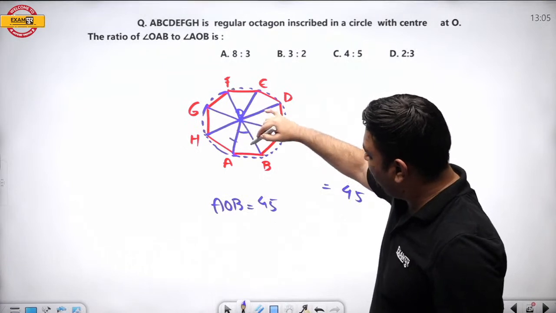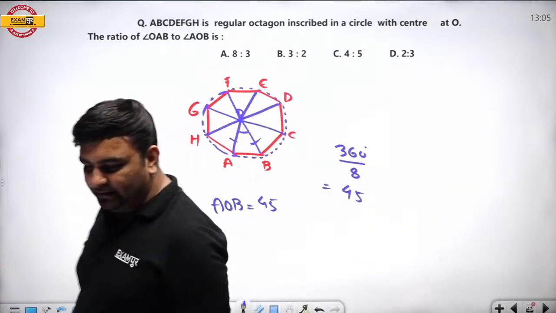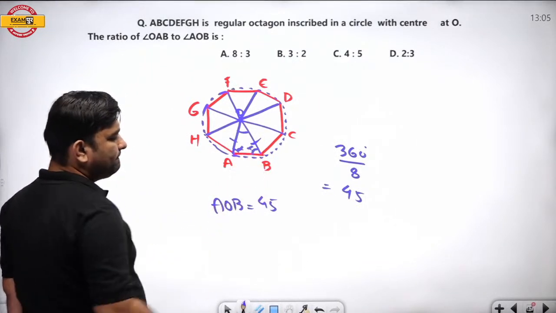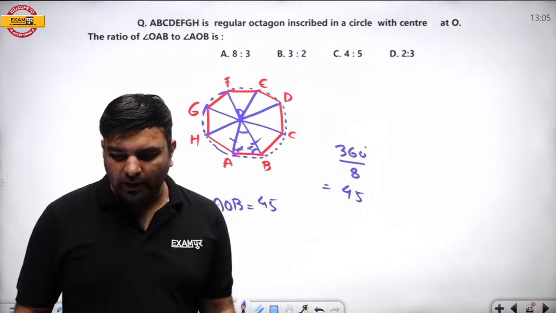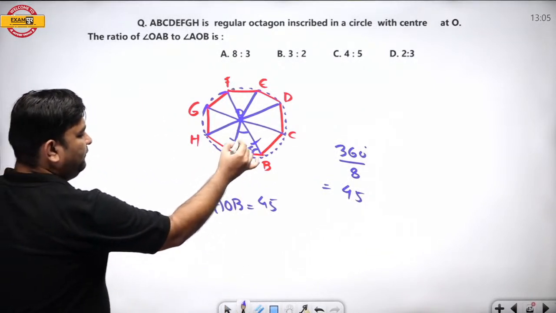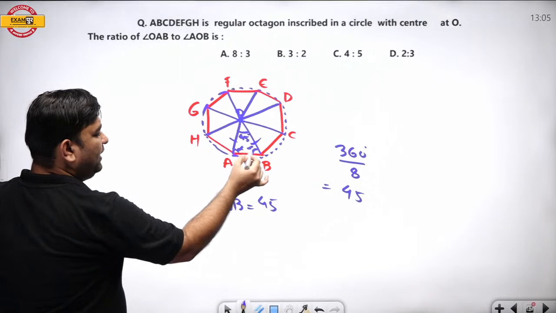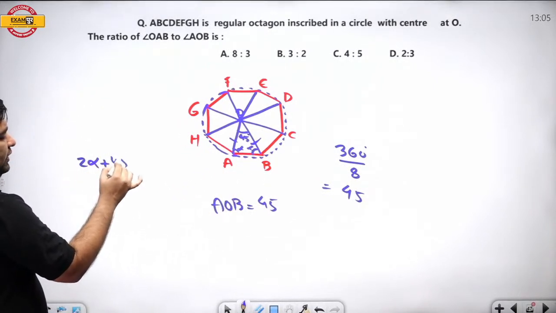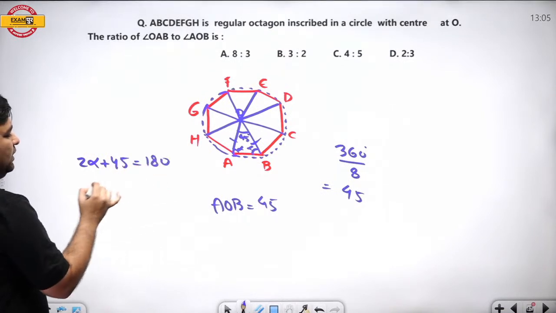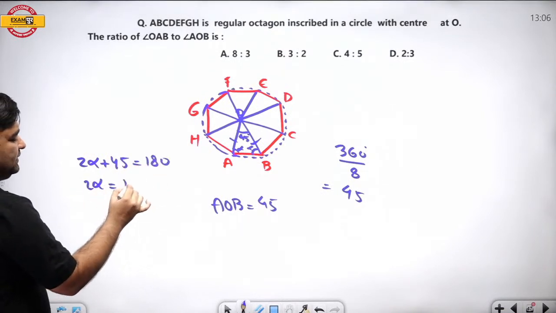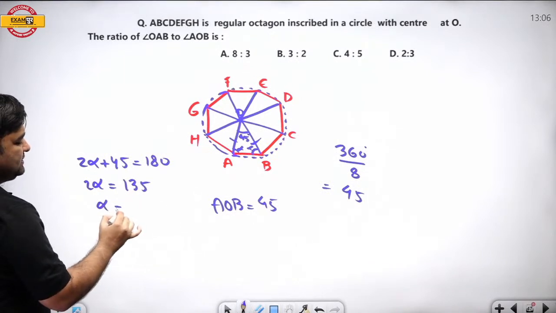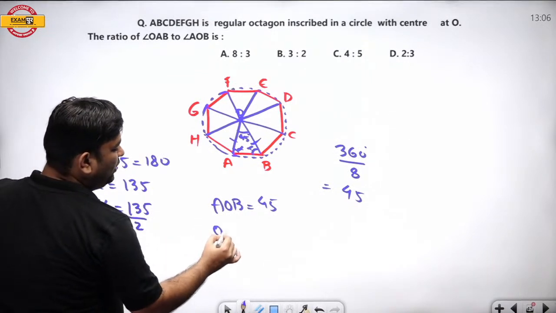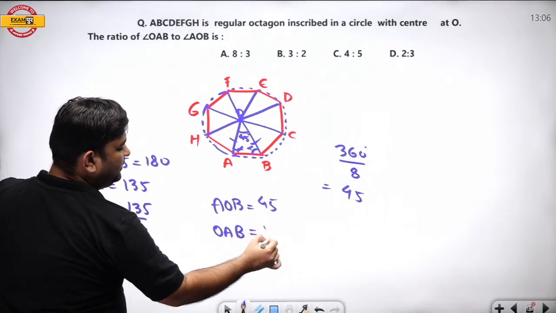These two sides are equal, so angle opposite to them would also be equal. If one is 45, another is alpha, then you will say, sir, 2 alpha plus 45 is 180. 2 alpha is 135. So alpha is 135 divided by 2. So angle OAB is 135 divided by 2.